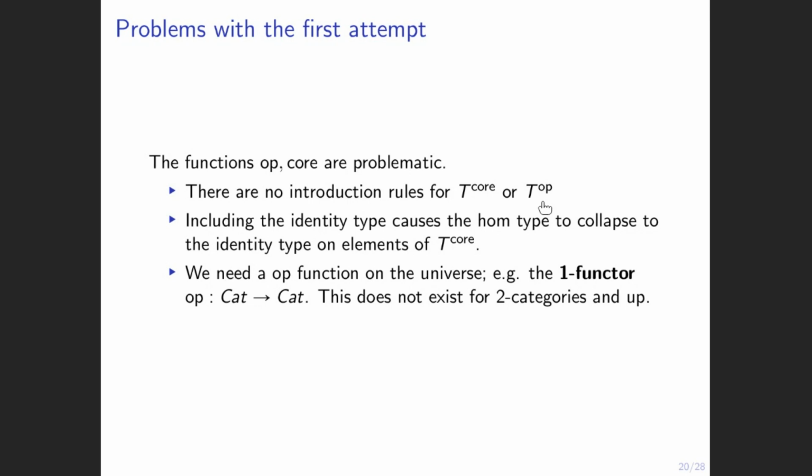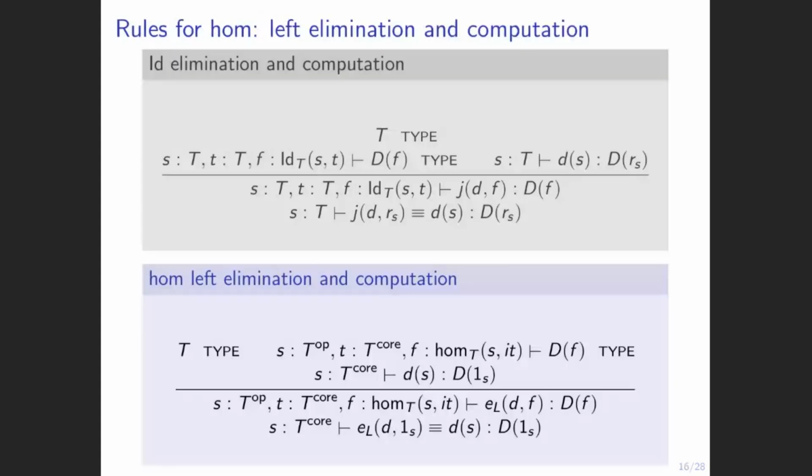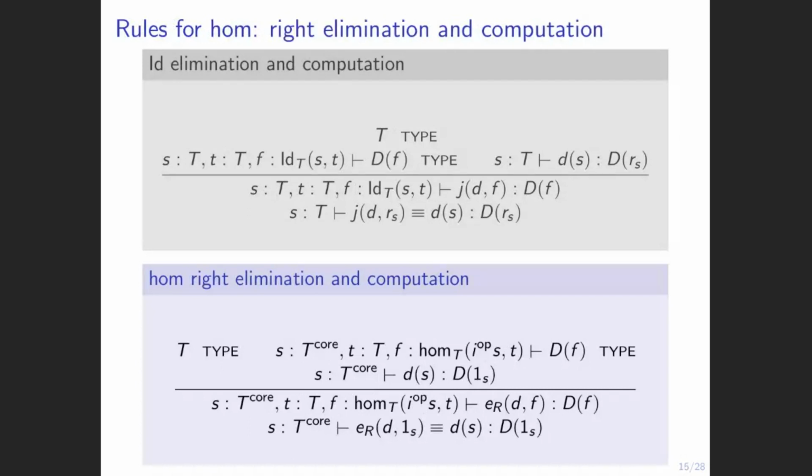Can you give us a quick intuition as to why the two identities and the paths collapse? What kind of argument shows that? Yeah, so basically if we go back to these rules, maybe you also want to have some relationship between core and op-core.